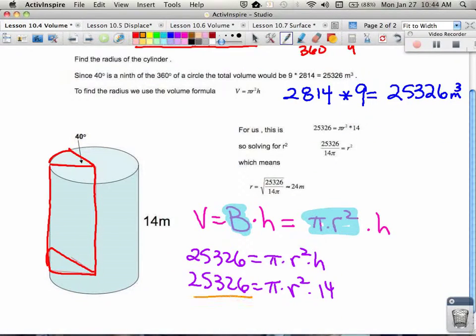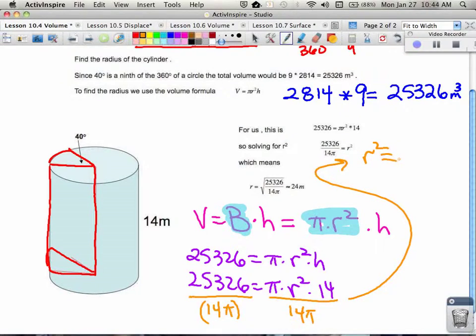So I divide the left-hand side and the right-hand side by the 14 and the pi. Don't forget to put parentheses around them so you don't make a mistake when typing this into your calculator. After that, I'm going to have r squared equal to 25,326 divided by 14 pi. And then I'm going to square root it.